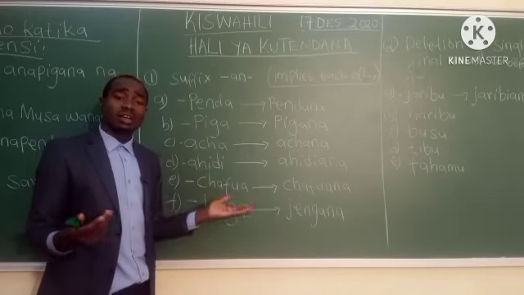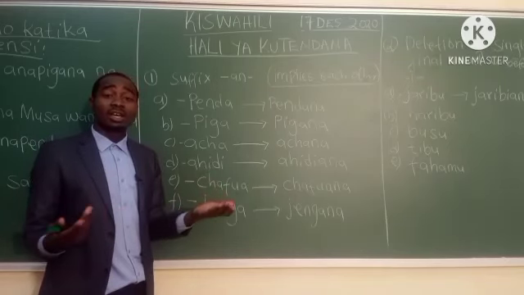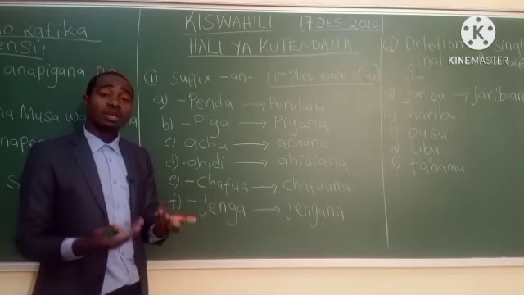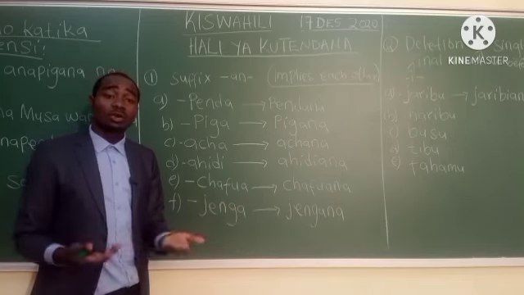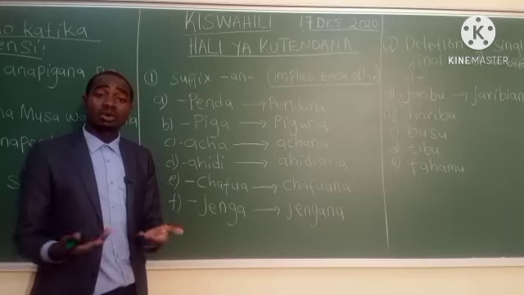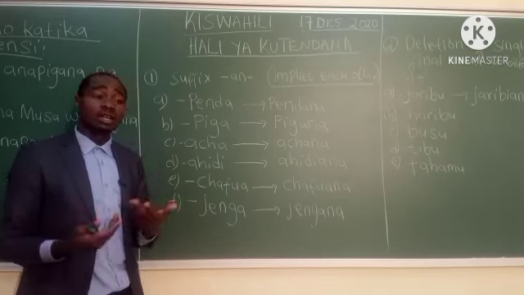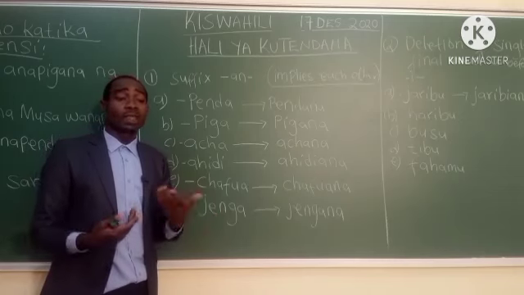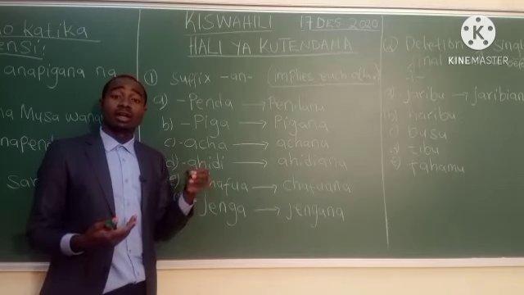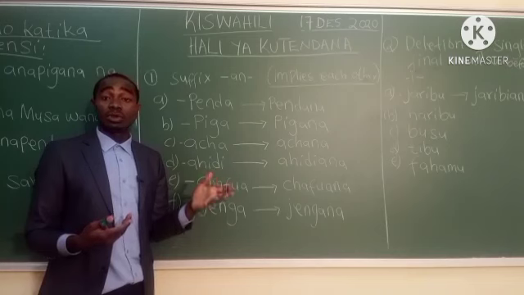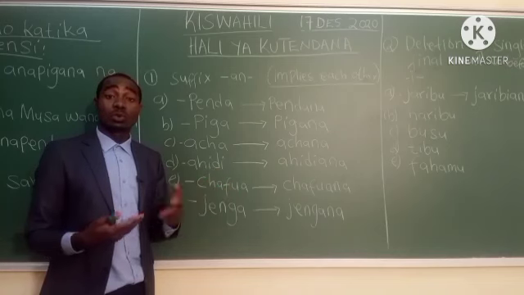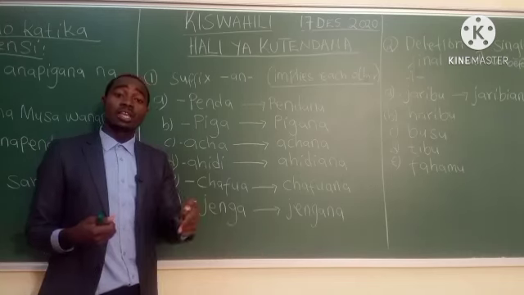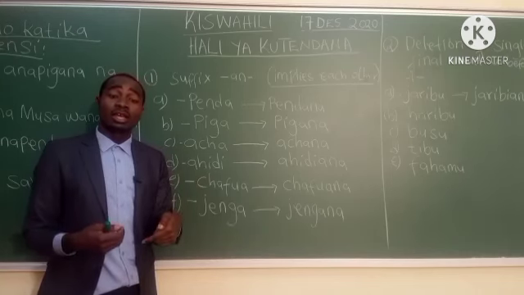Imagine maybe there are two children. You can ask, what happened? Nini ilifanyika? Nguo zako ni chafu. Your clothes are dirty. Then he or she can say, maybe they were playing with dirty water. Then one amechafua nguo yake, pia mwingine amechafua nguo yake.